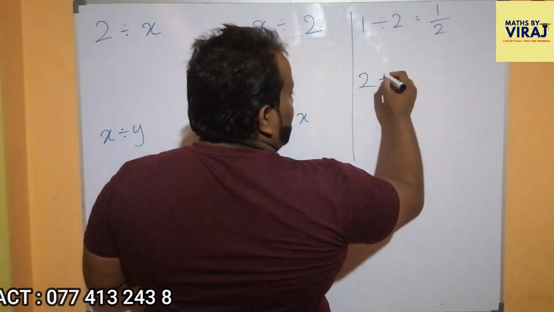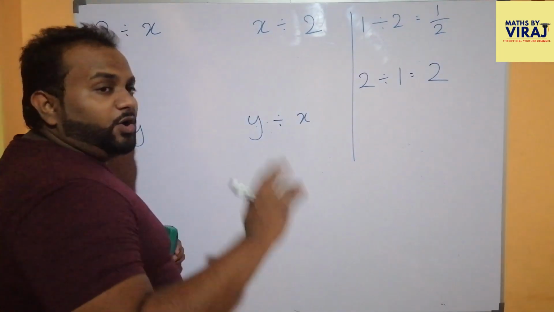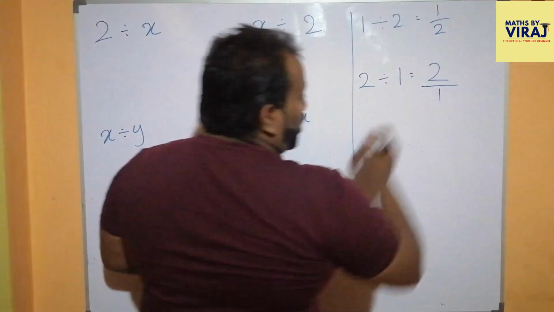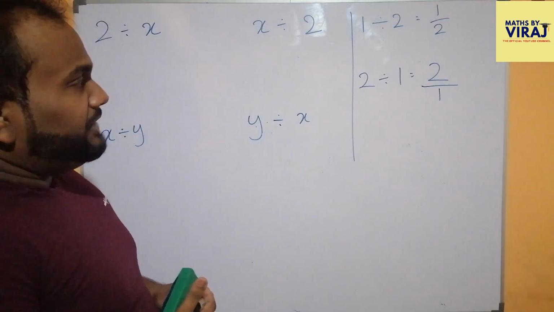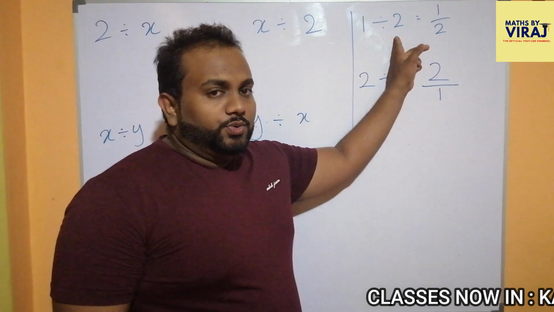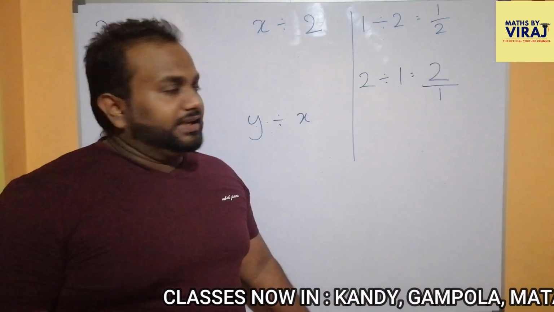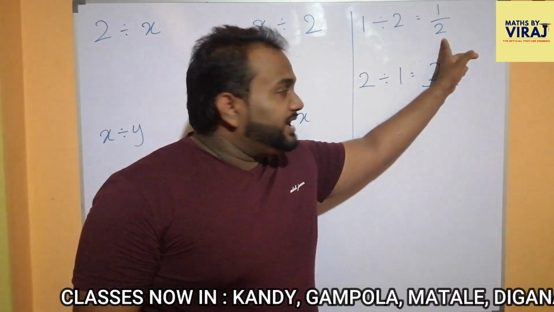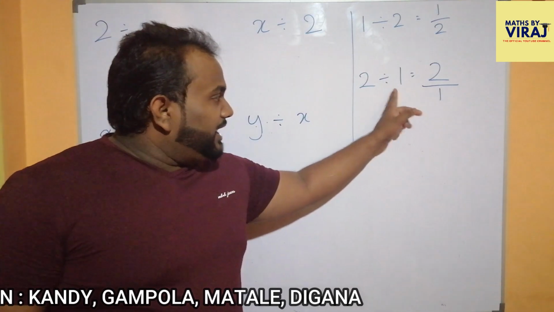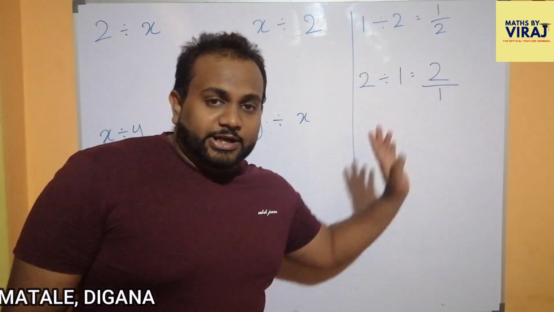If 2 was to be divided by 1, yes, the answer you can write as the whole number 2, or else we can write it as 2 over 1. What I wanted to show was when 1 is divided by 2, the number in front becomes the numerator and 2 becomes the denominator. Here 2 is divided by 1, 2 becomes the numerator, 1 becomes the denominator.